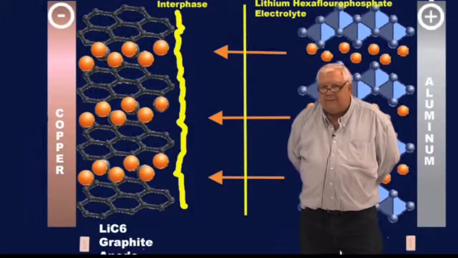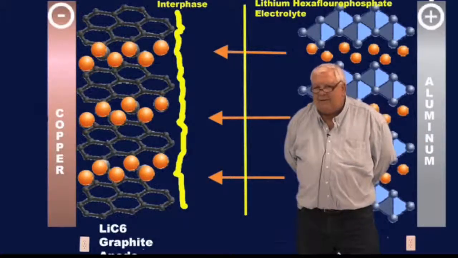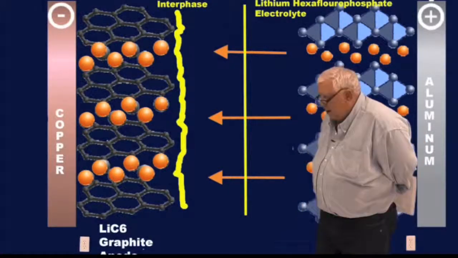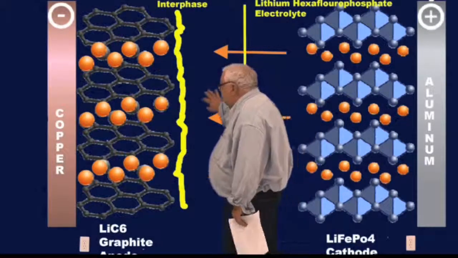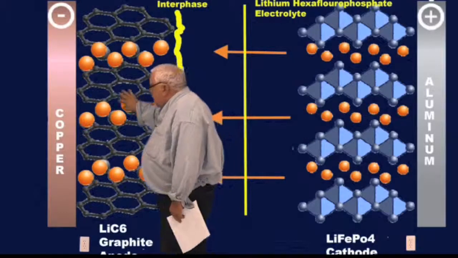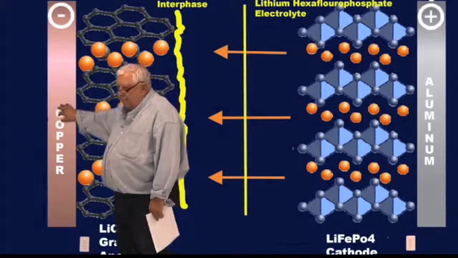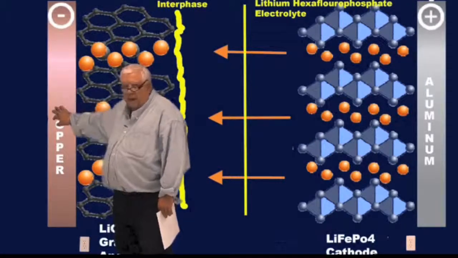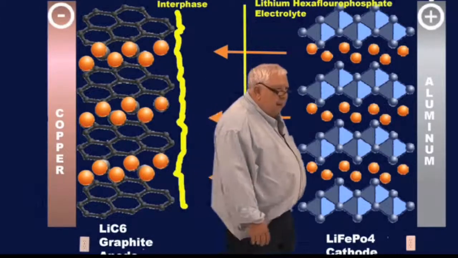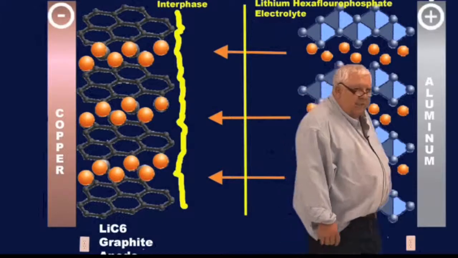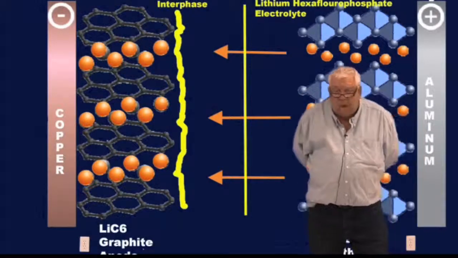And it's a problem and a solution both at the same time. And we do this fairly slowly, so a few lithium ions are going across, reacting with the solvents and forming this SEI layer. The SEI layer then does a couple of good things.